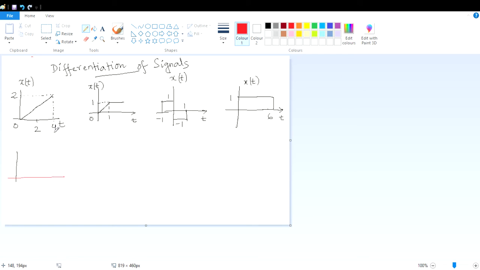The time duration of the step was 4. So what will be the height of the step? The area was 2, the time duration was 4. The area is the time duration times the height of the step, x, suppose. So x will be half. That means the height of the step will be half.